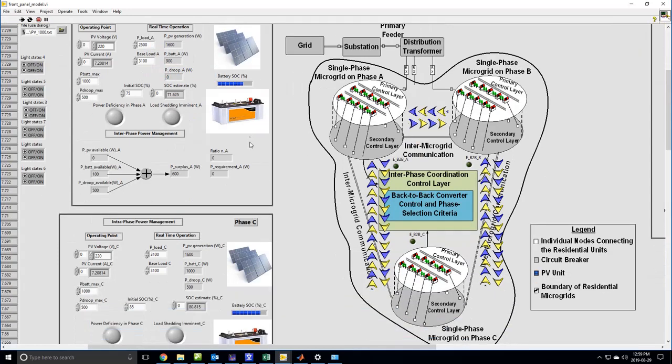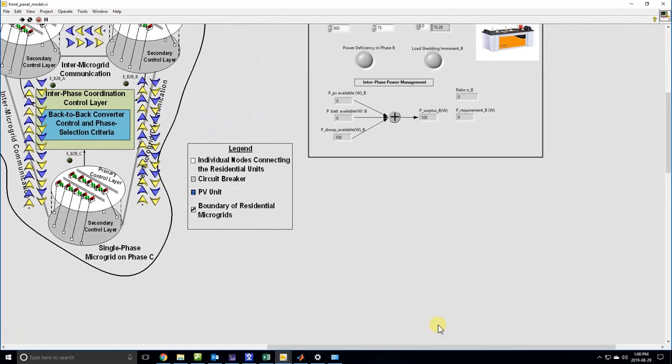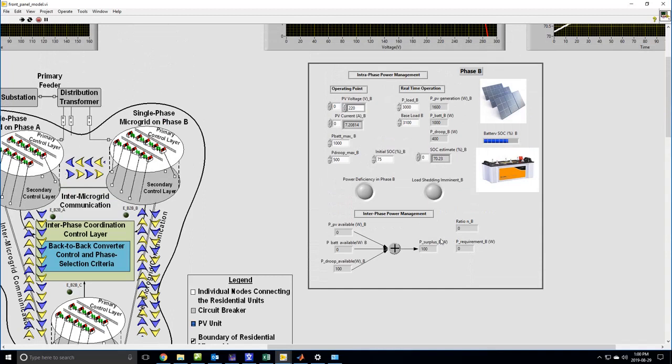Similarly for phase C, as you can see here, the load power is exactly equal to the base load. Hence you can see that there is no surplus power available in phase C. Since load is equal to base load, there is no requirement for any sort of interface power management. Here in phase B, the phase load is slightly less than the base load, and over here you can see that there is a surplus power of 100 watts available from the droop unit.